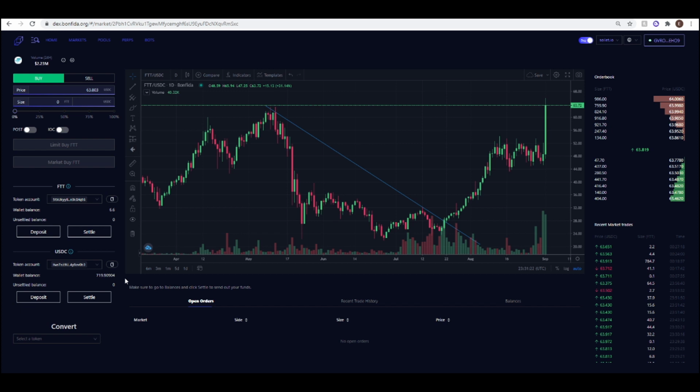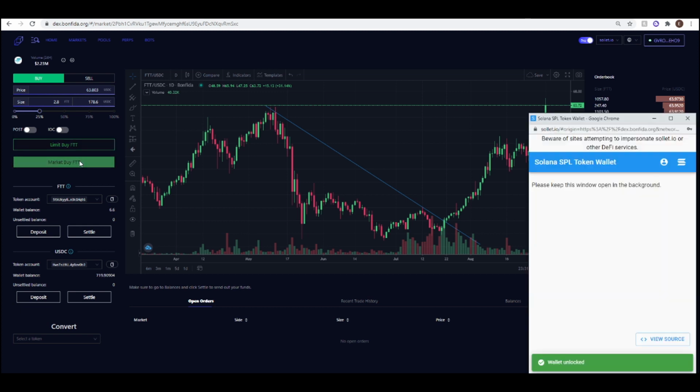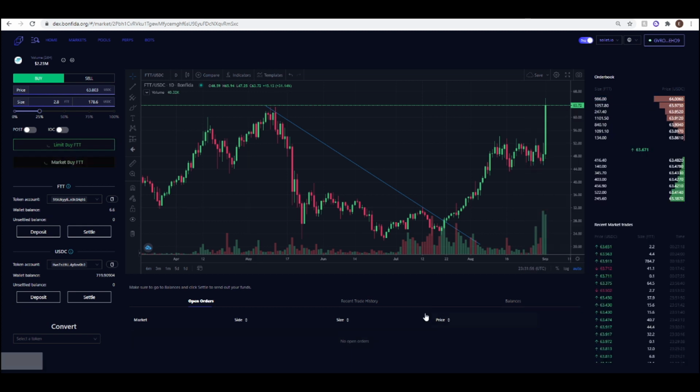For the purposes of this video, I'm just going to do a simple market buy order, because I'm not really too fussed about doing a limit buy, although your transaction fees for doing a limit buy are going to be less than doing a market buy, and that's standard for any limit order book exchange, just because you're providing liquidity with a limit buy versus taking liquidity with a market buy. So I'm just going to press here market buy and then approve the transaction.